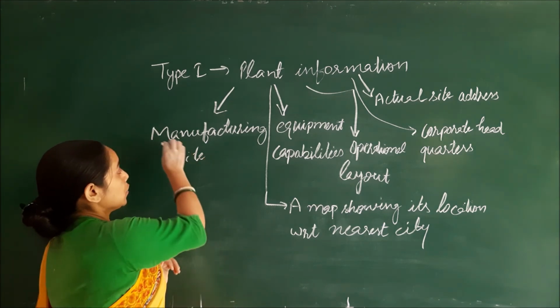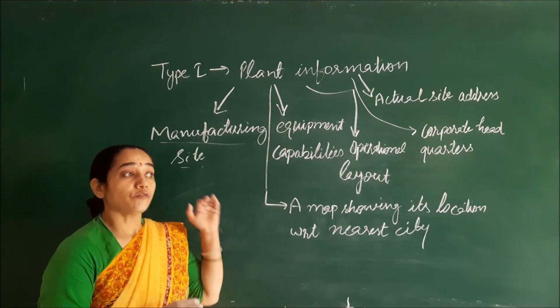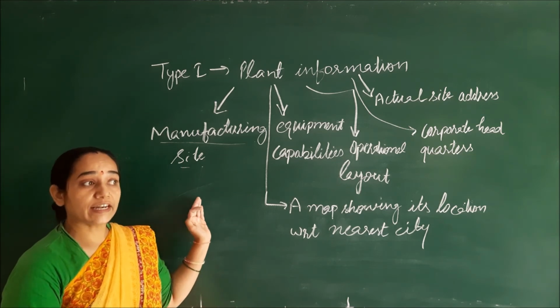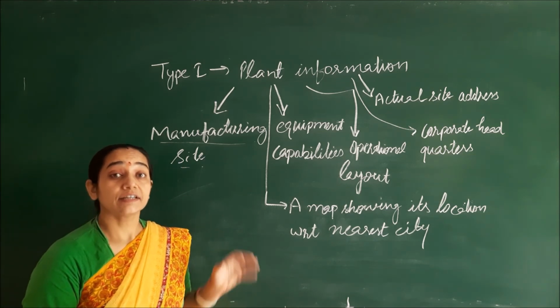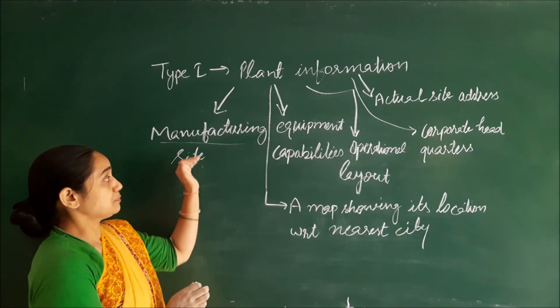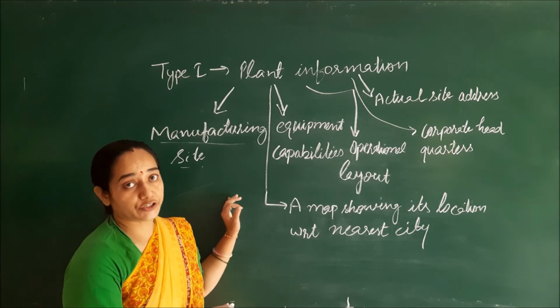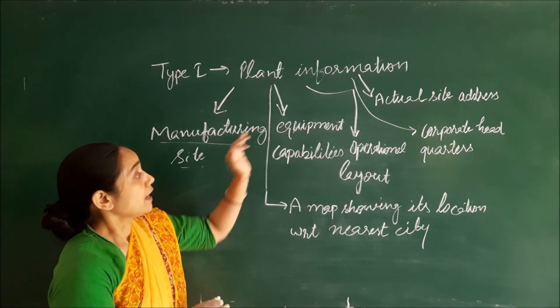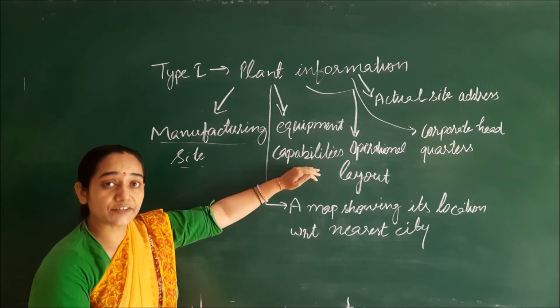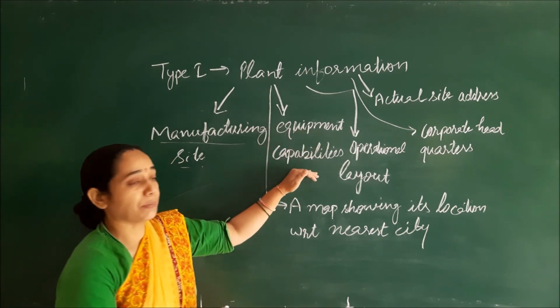It will include information about the manufacturing site, as well as how much space the manufacturer has available for manufacturing a particular product. It will also justify and explain the equipment capabilities.